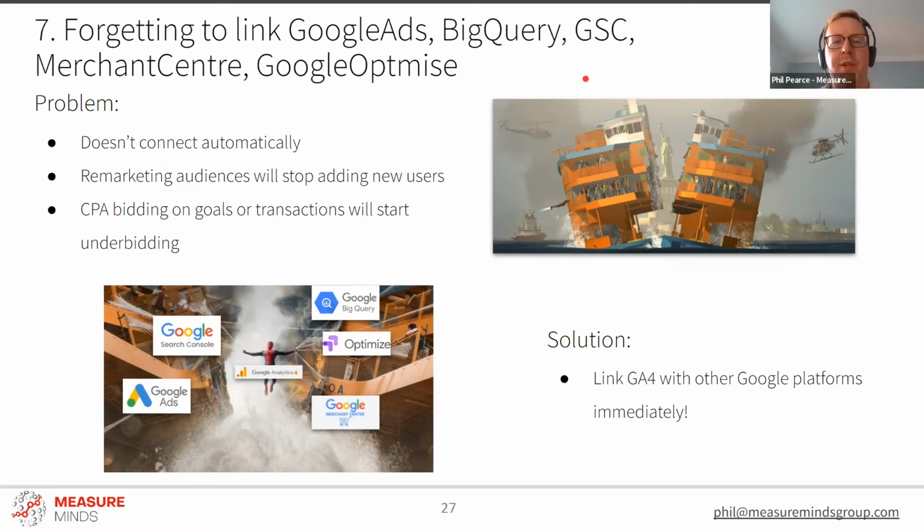You need to remember to link these tools up in order to get maximum benefit from them, and in order to start collecting data that can be used for analysis or remarketing. BigQuery is especially important to link because obviously it's going to be doing a daily export. If you forget to link that, you can't do any analysis from that until it's connected.